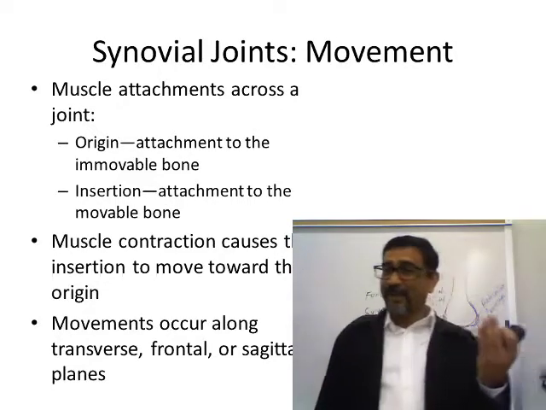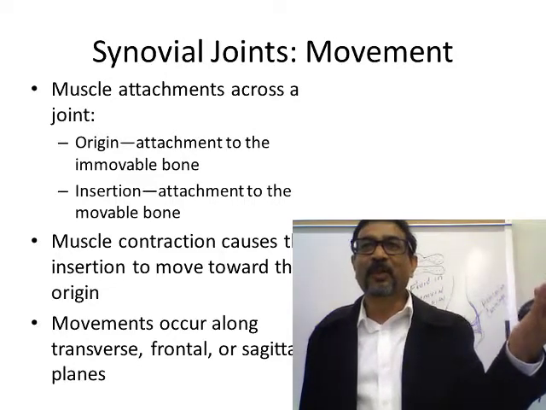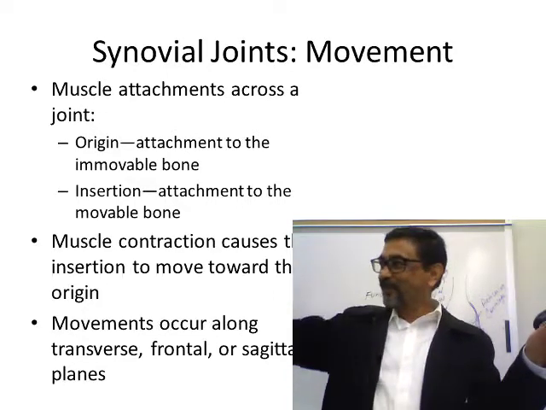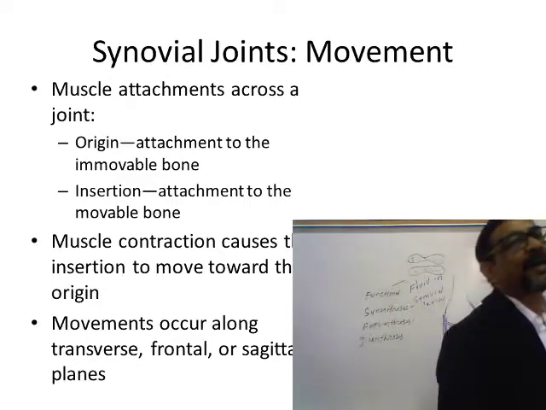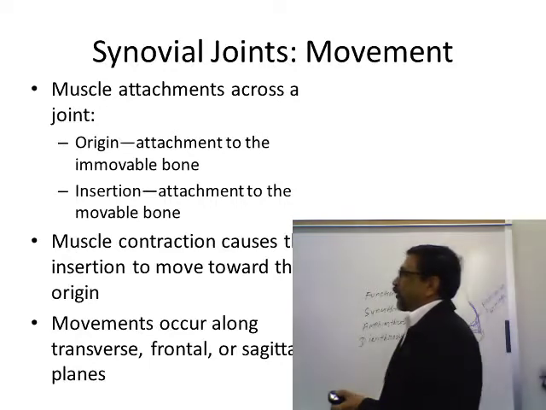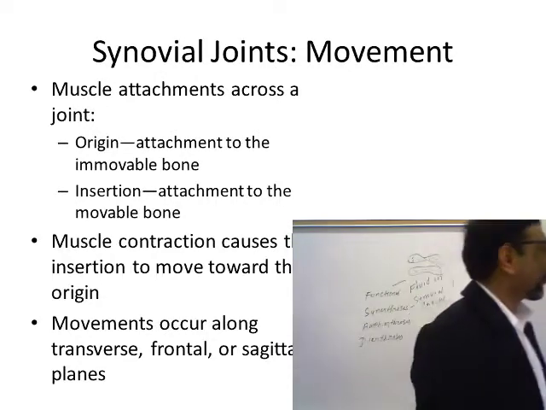Now I have added that with the help of the muscles. Without muscles, your joints are useless, right? Because we move the bones or body parts at the joints by the muscles. Muscles provide force or power.